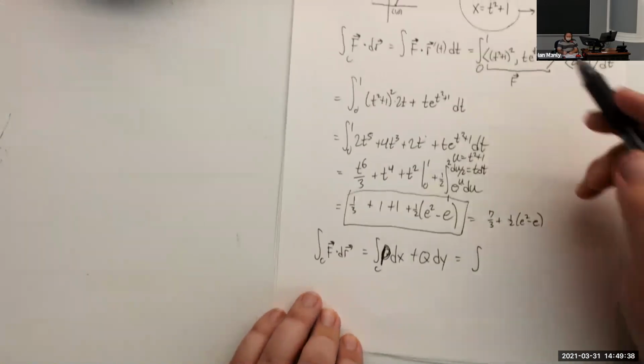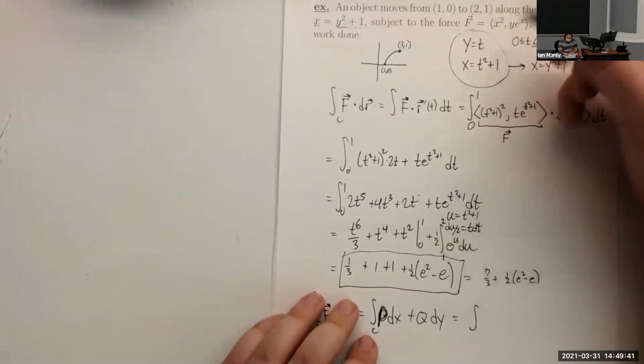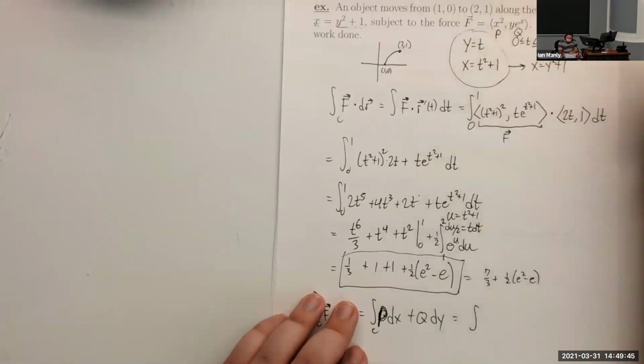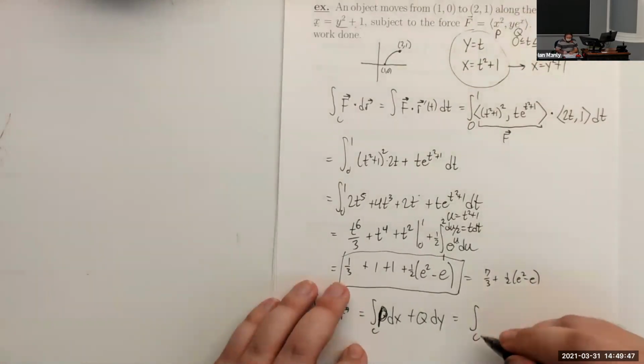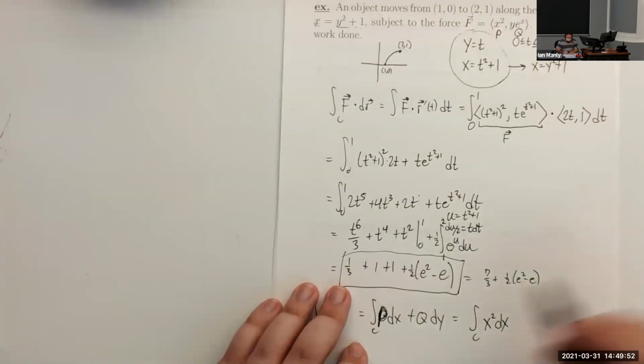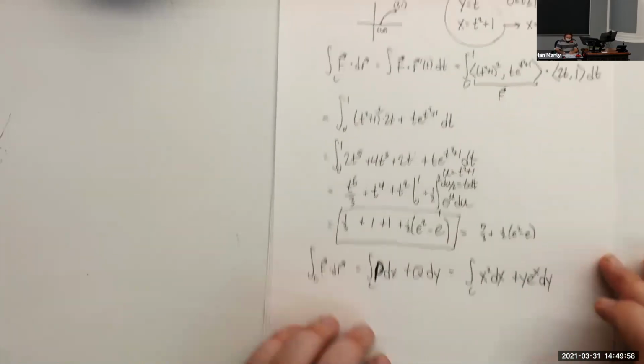Okay, now what is p? Well, p is the name for the x coordinate of our vector field, and q will be the y coordinate. So p is x squared, we do that over x, and then q is y e to the x, and we do that with a y here.